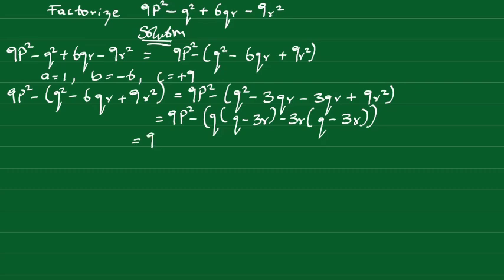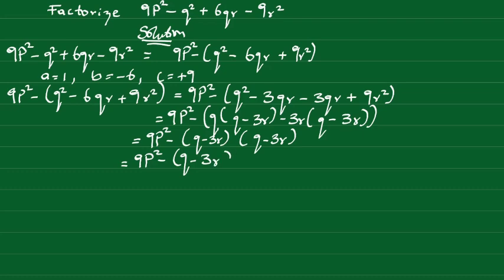Solving further, we have 9p squared minus bracket open q minus 3r bracket close bracket open q minus 3r bracket close. So we have q minus 3r appearing twice. Therefore, our expression can be rewritten as 9p squared minus bracket open q minus 3r bracket close all squared.